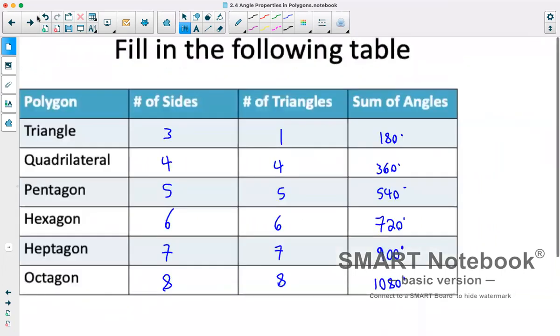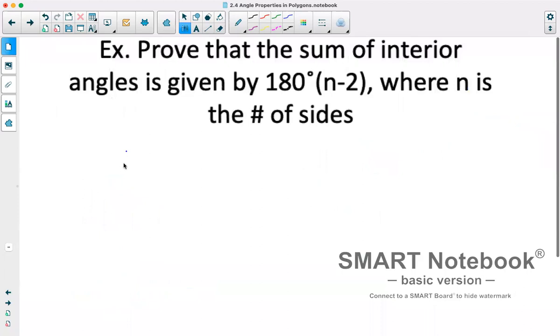So we can easily say that we have 180 times n. So 180 times our number of sides.